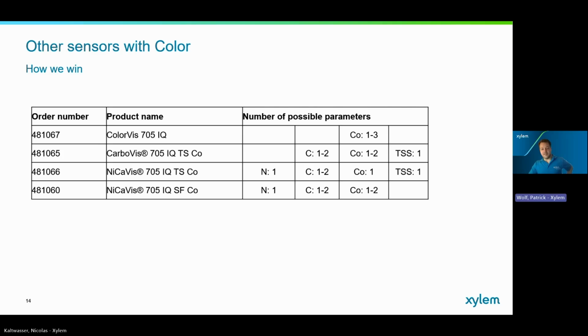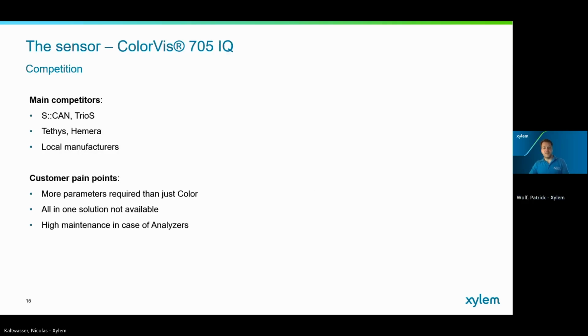All right, on the next slide, I want to stress a bit on the competition. So the main competitors for spectral sensors in general are the known companies Ascan, Trias, a few local manufacturers for sure. Tatis and Hemera are also providing color sensors or analyzers.